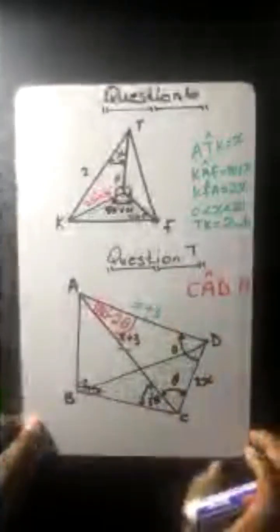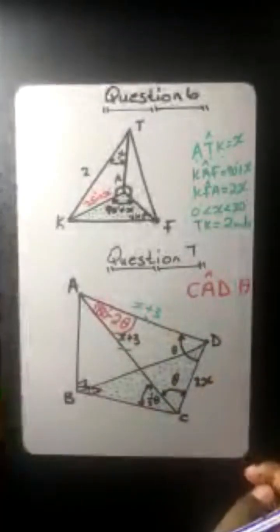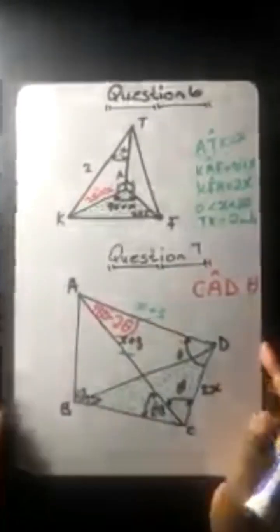This type of question, honorable members, is a bit tricky because you don't know which triangle to refer to. But most importantly, the unknowns are theta and x. So look for a triangle that has those. That's how you know you are going to get somewhere.